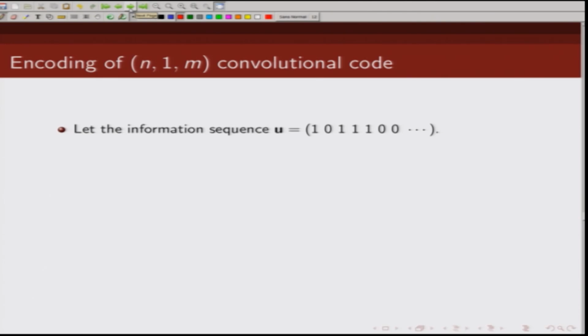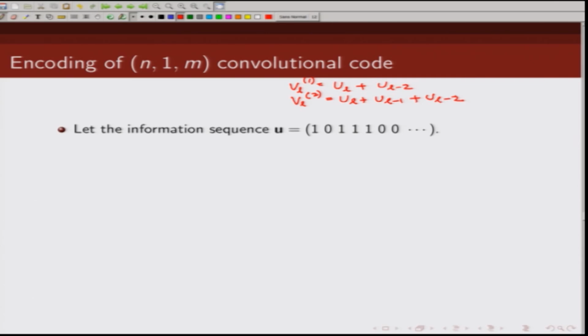So, if we have an information sequence like this, what was our output sequence? V_L^1 is U_L plus U_{L-2} and V_L^2 is U_L plus U_{L-1} plus U_{L-2}.